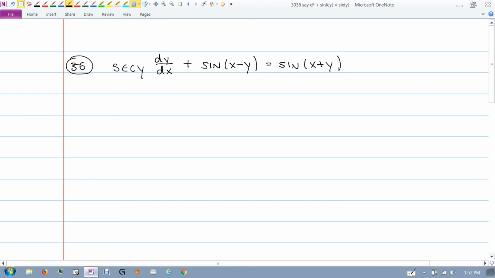We have an identity for this one. We call this the sum and difference formulas for sine, and I'm going to use it for both of these. So I'm going to rewrite this.